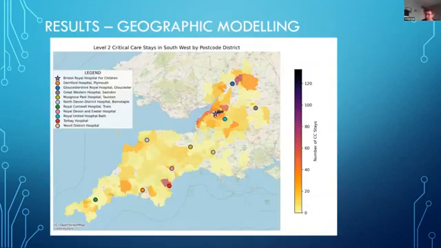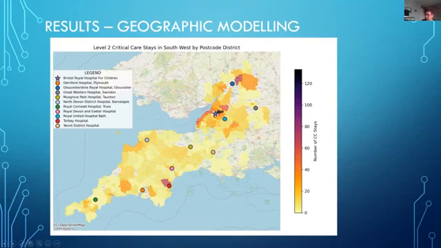So this first one is a map of the level 2 pediatric critical care stays in the southwest by postcode district or postcode area. And as you can see, the Bristol Royal Hospital for Children, which is the level 2 unit, the specialist high dependency unit in the southwest, is represented by this star here in the more northerly area of the southwest.